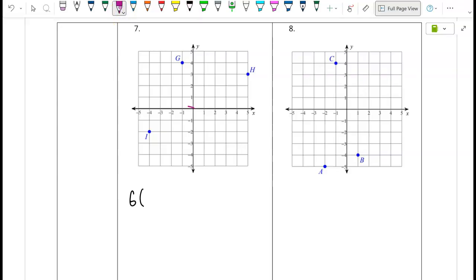We start at the origin, we went 1 to the left, then we went 1, 2, 3, 4 up. So G is the ordered pair -1, comma 4. And Grace, what quadrant is point G in? Quadrant 2.